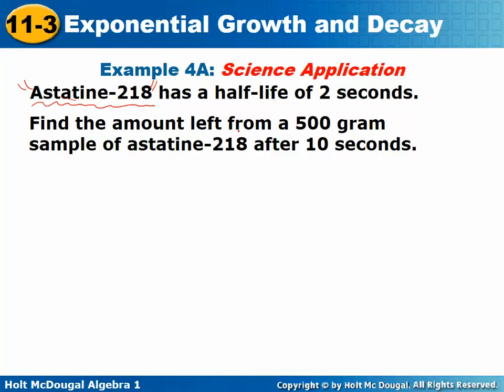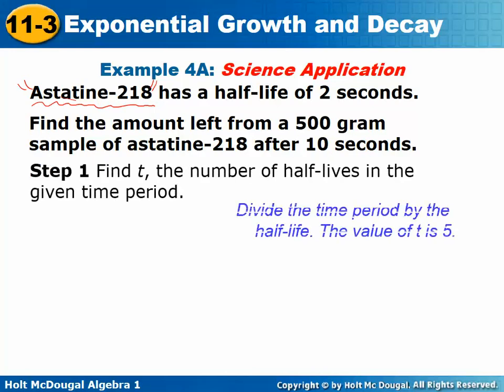We want to know, if we start with 500 grams, how much will there be after 10 seconds? So the half-life, this is the hard part. We have to find the number of half-lives in the given time period. There's this step here, which is different than all of the other problems we've done.